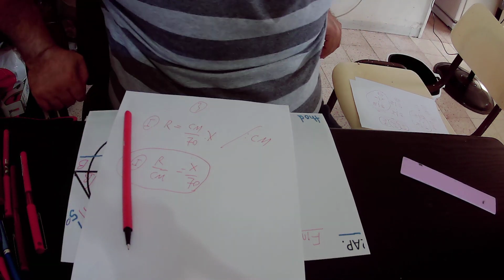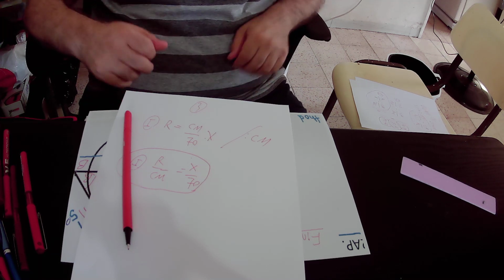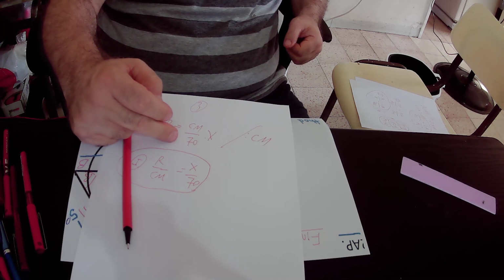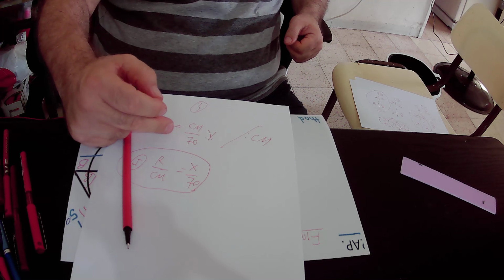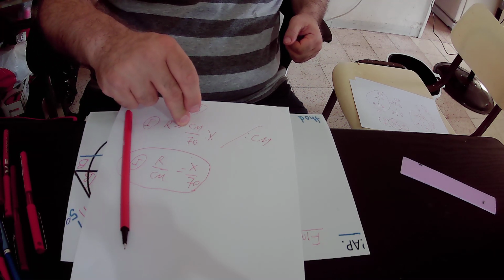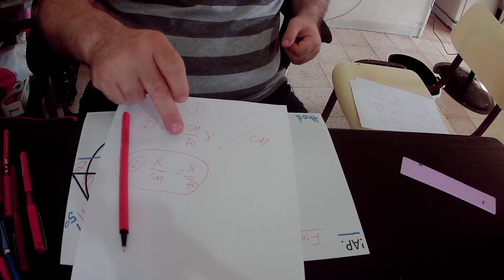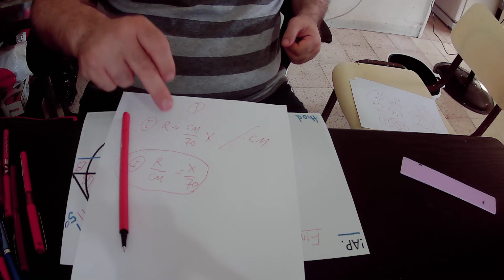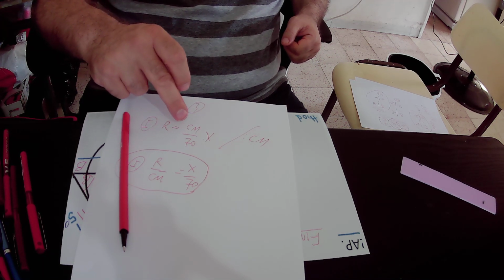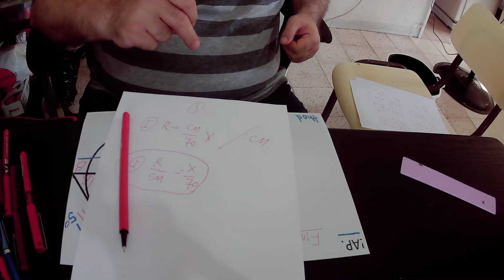because we have CM in the denominator, and we have also CM here, so CM is cancelled. So after CM is cancelled, what is left is x over 70.